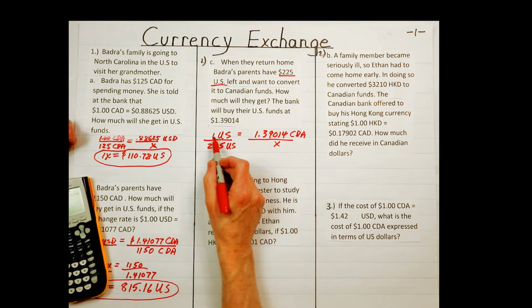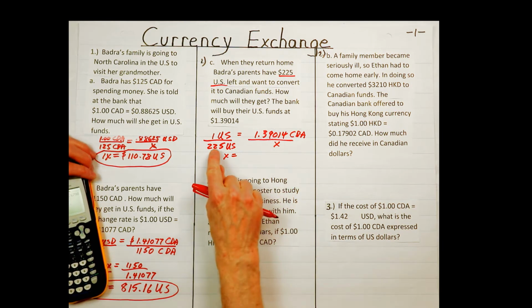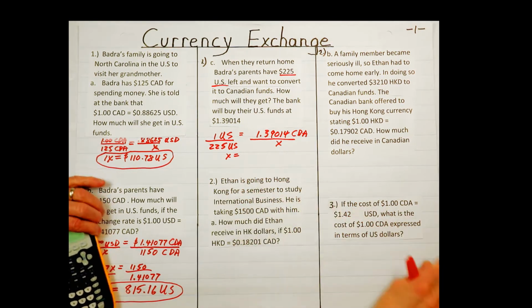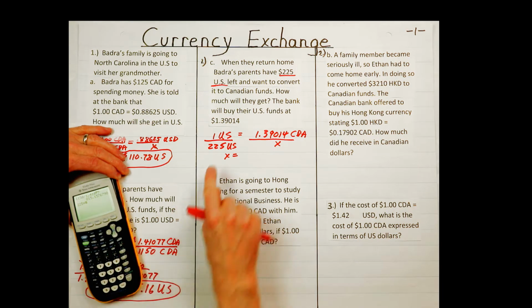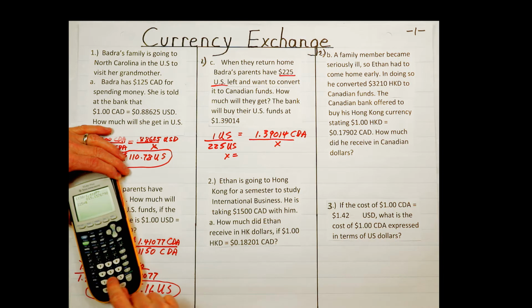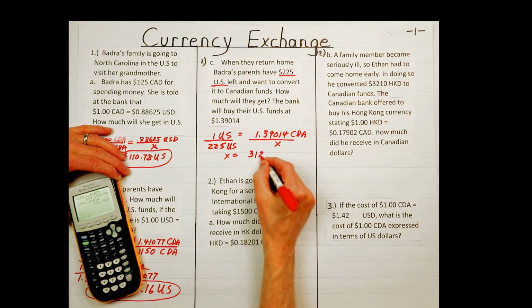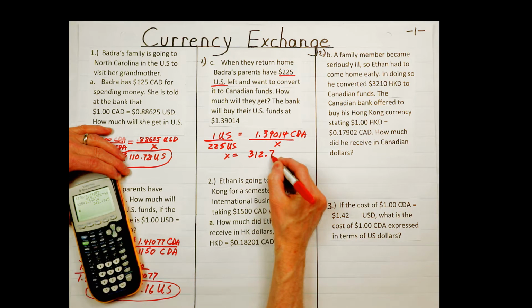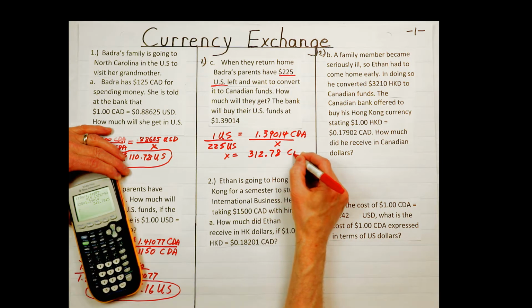So when we cross multiply, 1 by X is 1X, or just X, and 225 times 1.39014, and they will get back $312.78, and that is in Canadian funds.